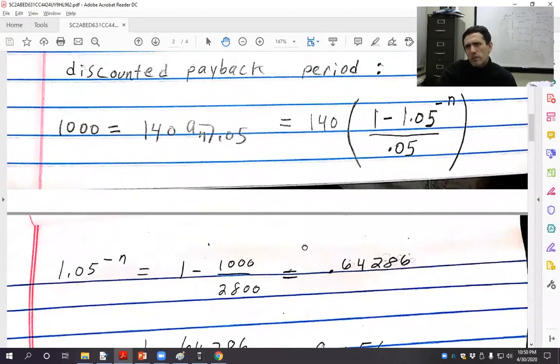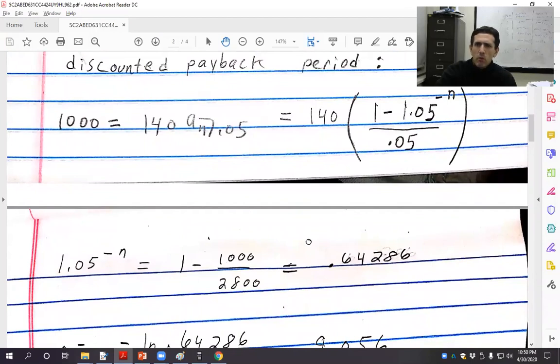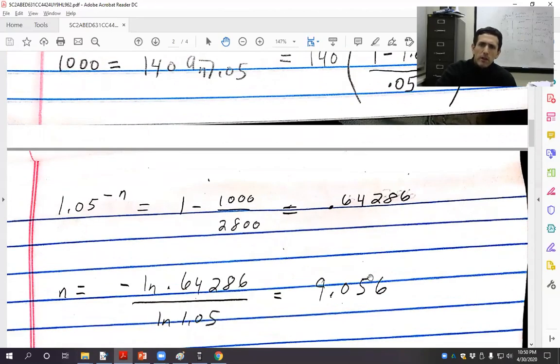Or if you don't want to use a calculator, you just divide by 140. You basically just solve for n. Just a little bit of algebra. You get 1.05 to the minus n is 0.64286. Then take ln of both sides, what we've done before, and you get 9.056.